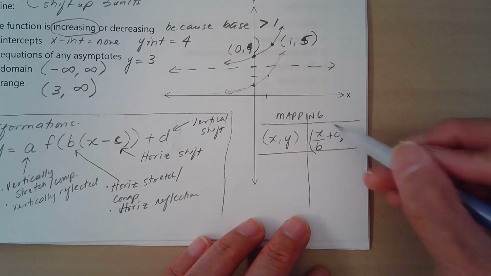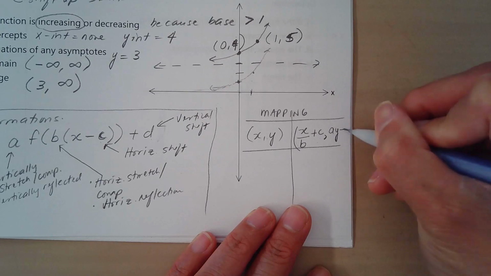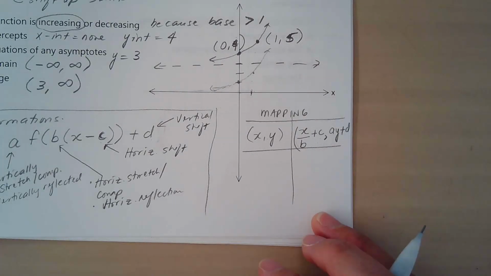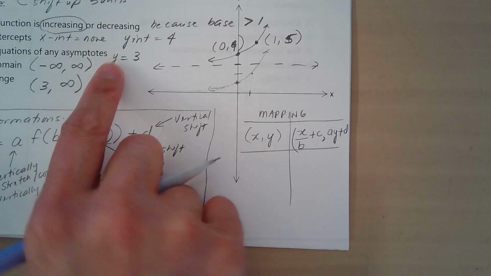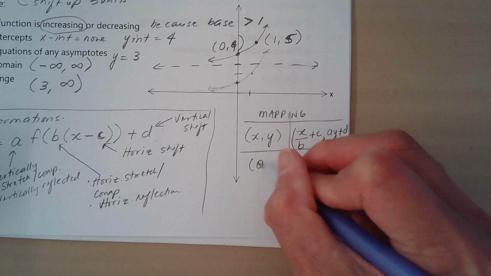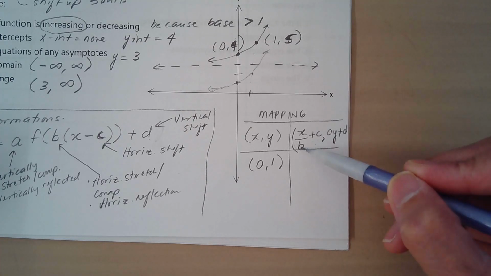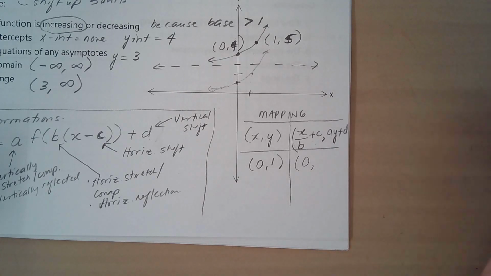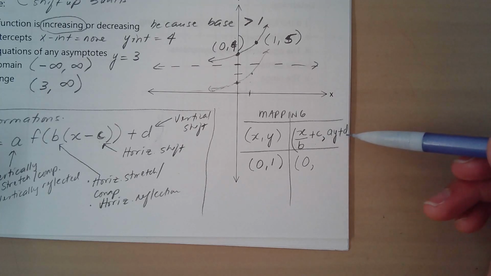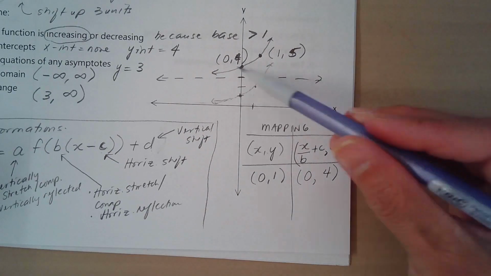So after the transformation, that's your new x coordinate, and your new y coordinate would be a y plus d. In this particular case, our original point was at 0, 1. The b is 1, the c is 0, so the x stays 0. And then a times y, the a is still 1, the d is 3, so it's going to be 4, so 0, 4. That's why we got 0, 4 there.